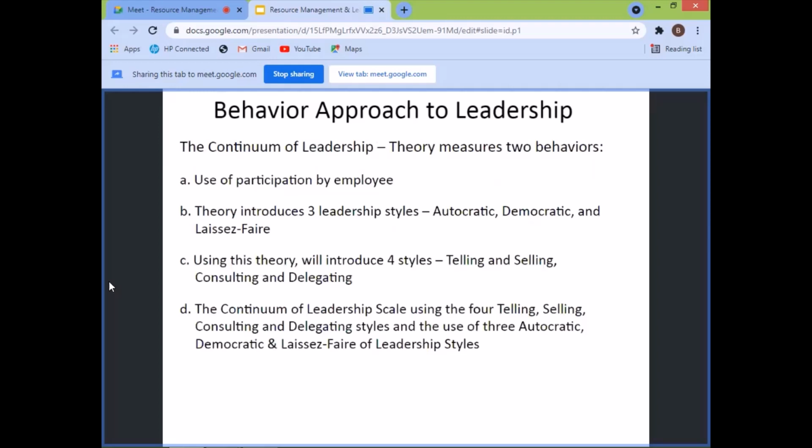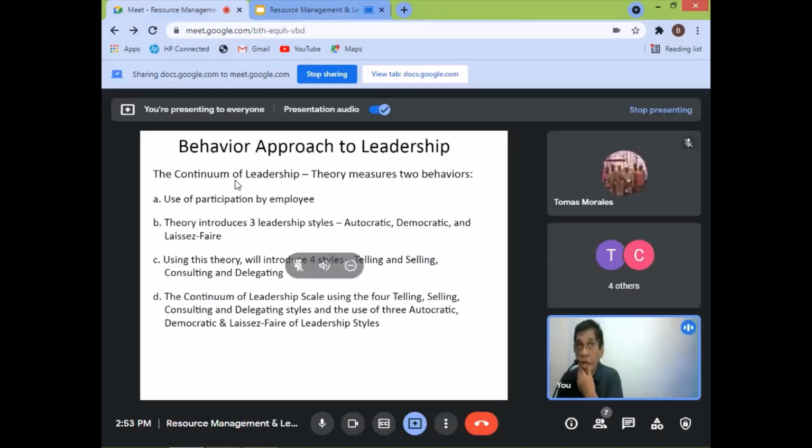The Continuum of Leadership. This theory measures two behaviors. Number one, use of authority by the manager, and number two, participation by employee. The theory introduced three leadership styles: autocratic, democratic, and laissez-faire.